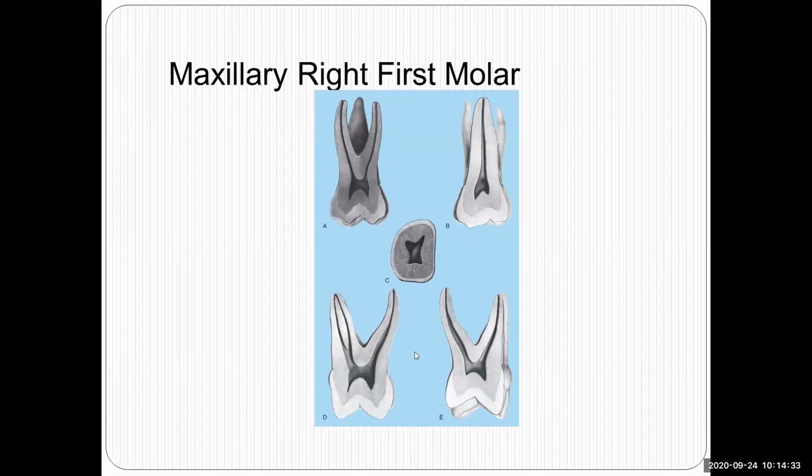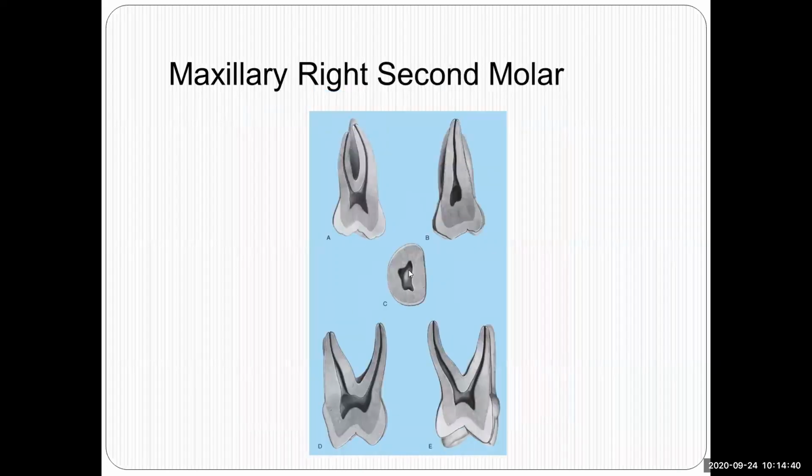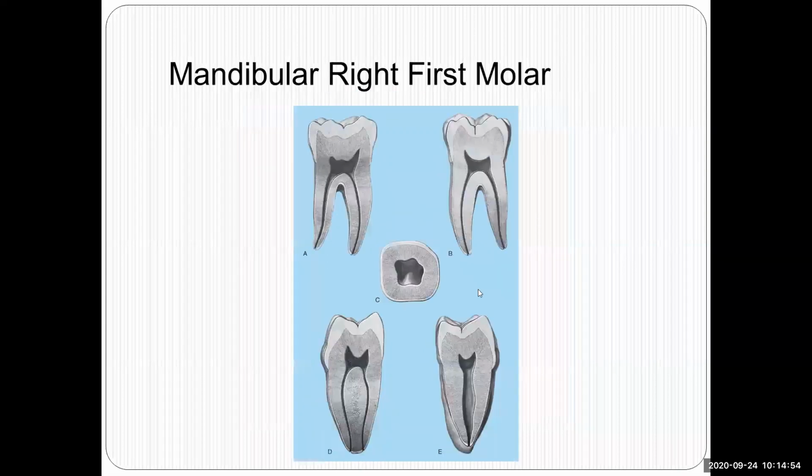That palatal or lingual root is straight up and down. Second molar, the roots are closer together. The palatal root is slightly angled towards the distal. Three cusps on the buccal, 1, 2, 3.